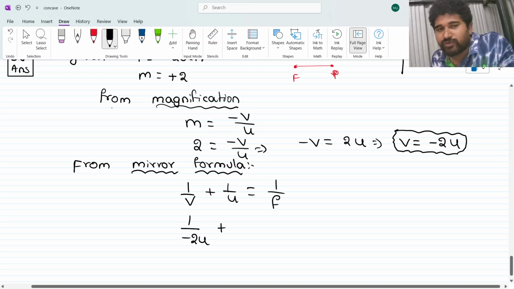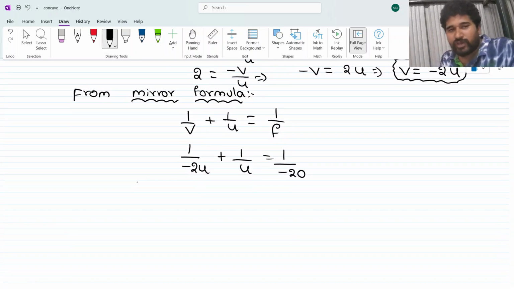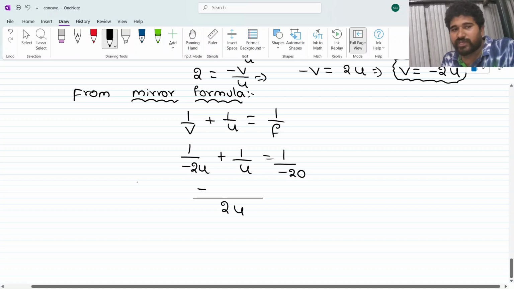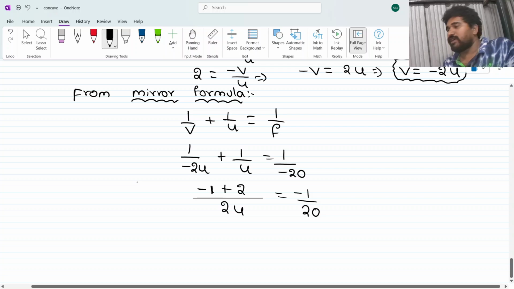Minus 1 by 2U, plus 1 by U. 1 by F is how much? Minus 1 by 20. So what will it be? LCM is 2U. Minus 1 plus 2 over 2U, equal to minus 1 by 20. That is 1 by 2U equal to minus 1 by 20.